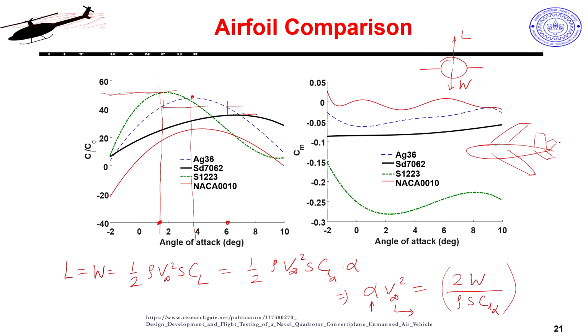So, that is my fixed wing UAV. I have some lift coming from here from the wing, let us say, and there will be some lift coming from the tail. So, what is the role of this CM?